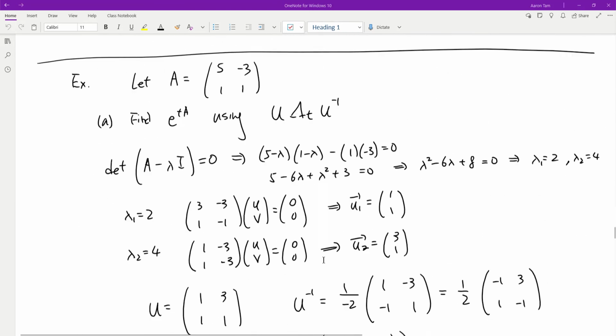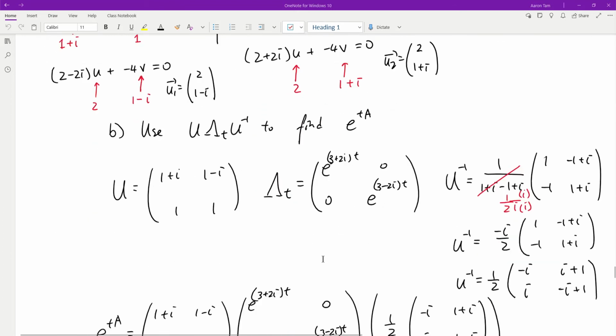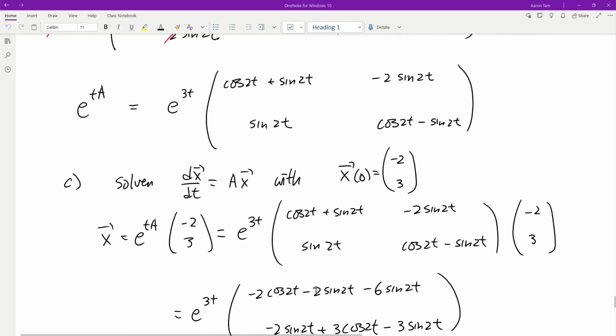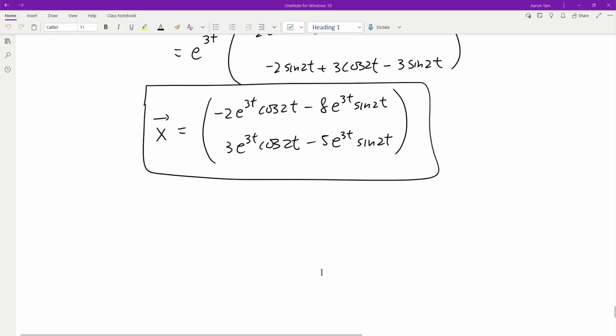So what we're going to talk about now is: how do we actually calculate e to tA without going through matrix U, matrix lambda sub t, and U inverse?